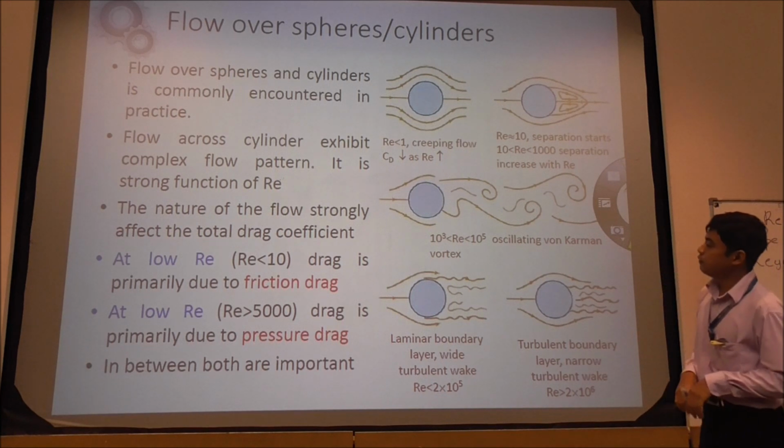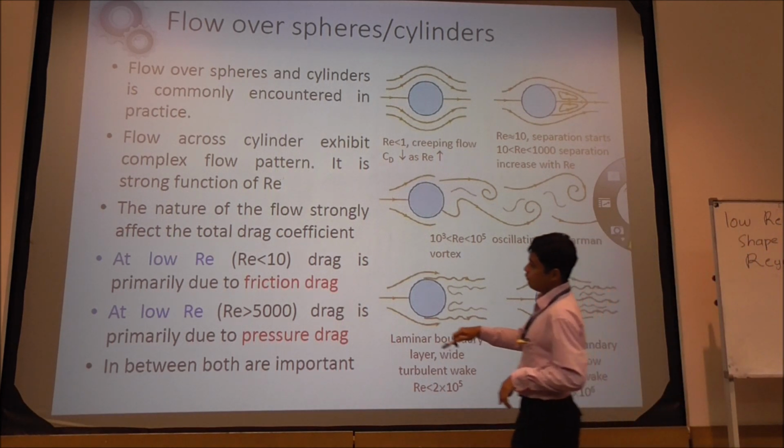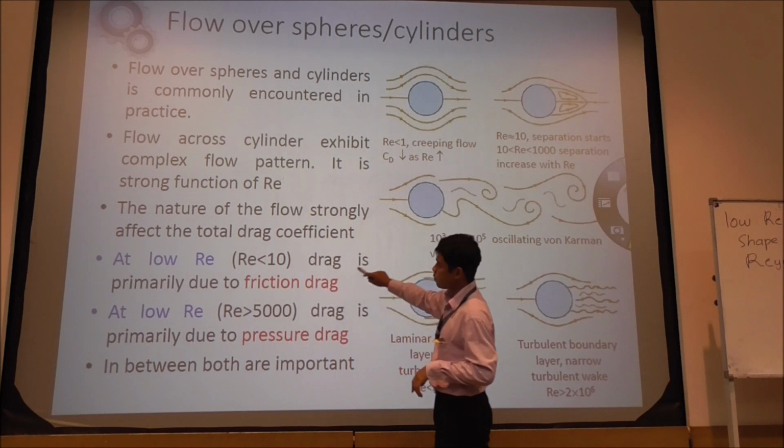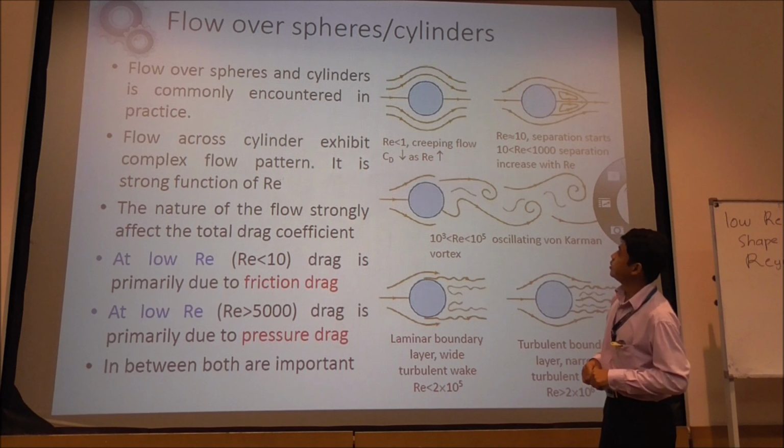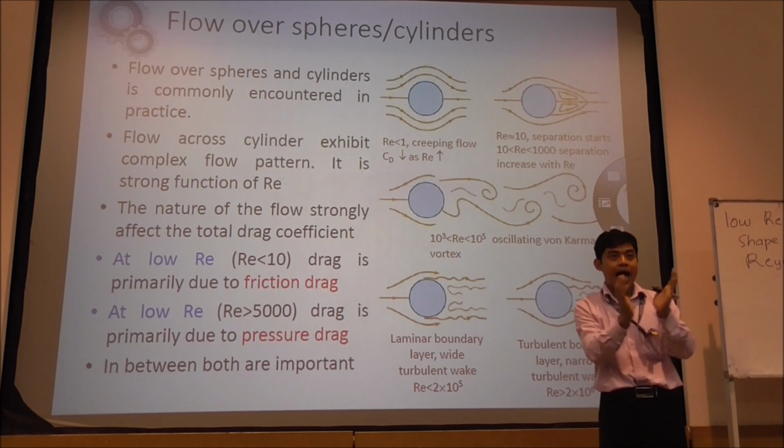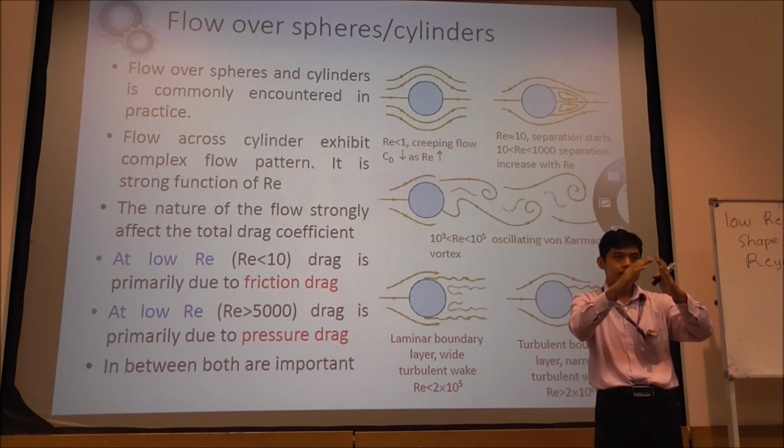Okay, so at a very low Reynolds number, the flow is primarily due to the friction, right? And you can see that the flow is basically hugging the cylinder.